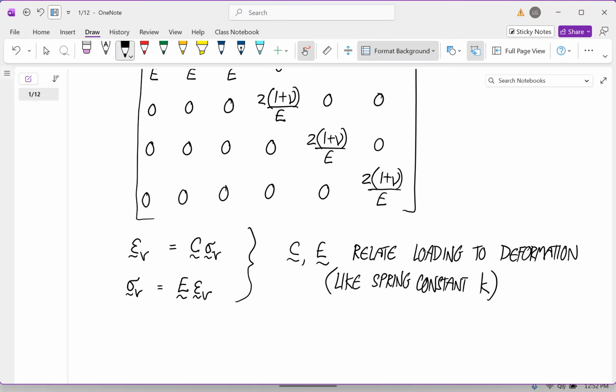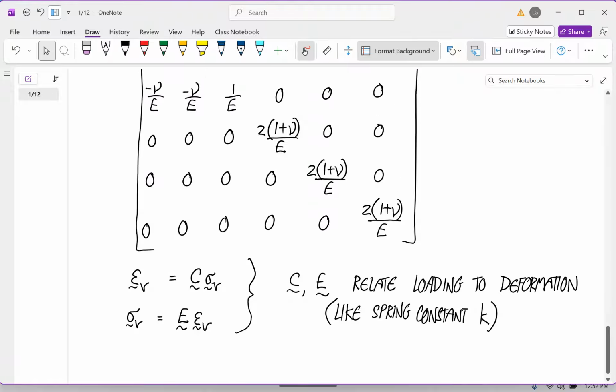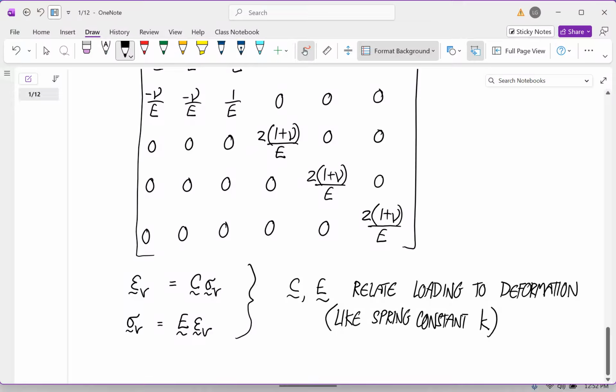So you'd expect the stiffness values of engineering materials to be high and the compliance values to be low. And that's how it's going to work out. If you have a stiffness matrix, these elements are going to be stuff times 10 to the, say, 11th power. And compliance values are going to be stuff times 10 to the minus 10th and things like that.